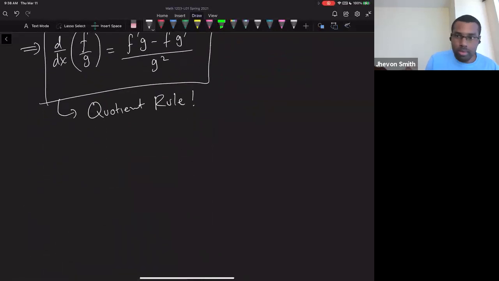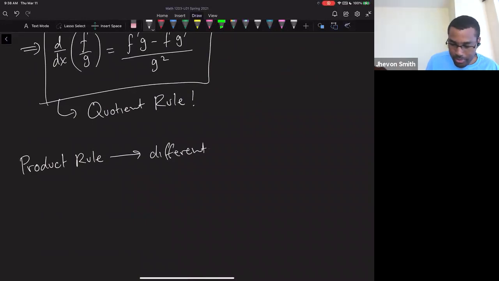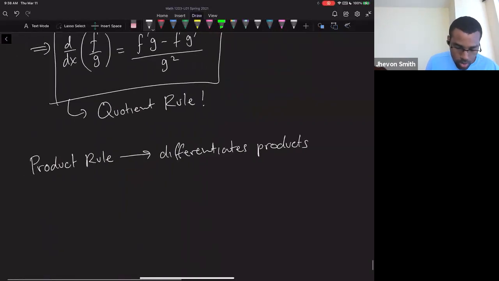So, I mean, it's pretty obvious, but the product rule differentiates products. The quotient rule differentiates divisions.